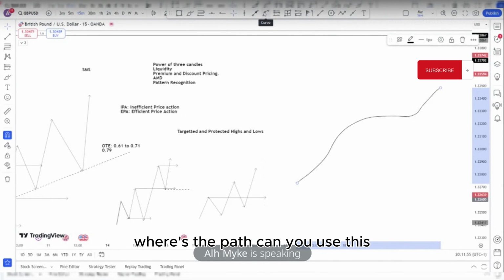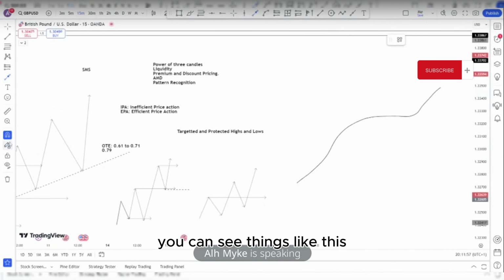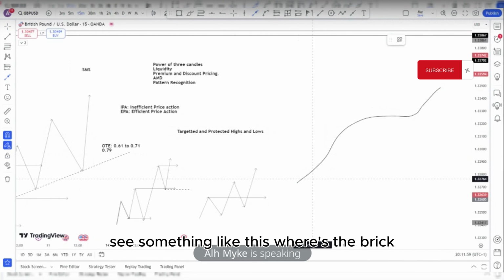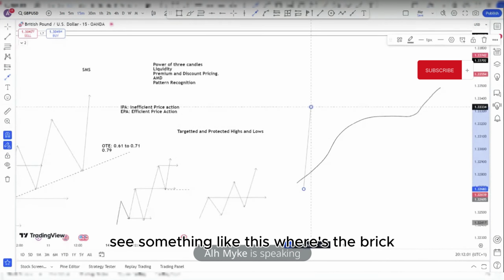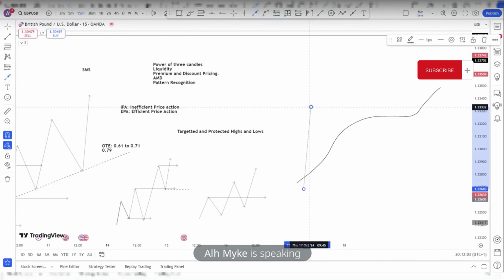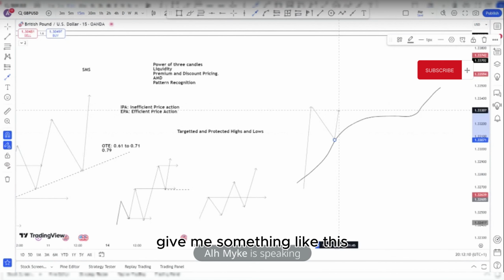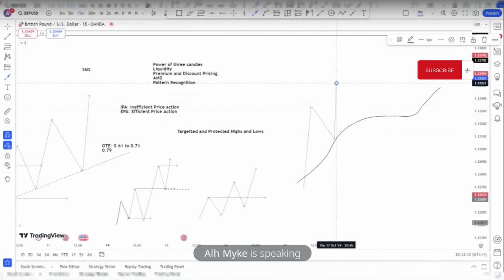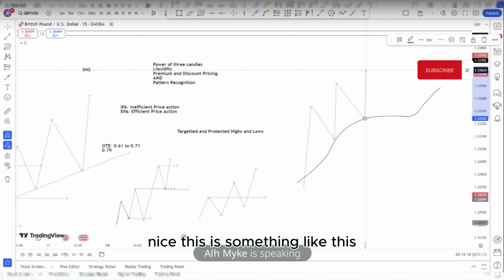You can see things like this. Price will break something like this.